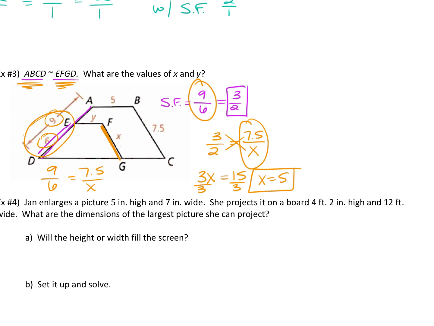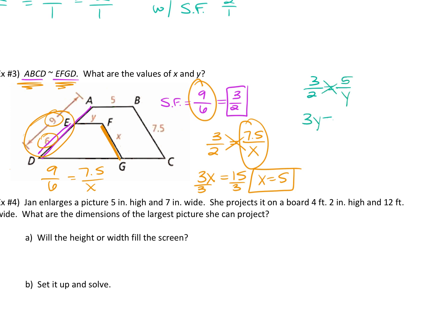Okay, what did you get for y? 3.3 repeating as a fraction, that would be 3 1/3, right? So if you set that up, you can say 3 to 2 or 9 to 6 if you don't want to reduce it right there. If it's 3 to 2, it would be 5 to y, and then you would cross multiply.